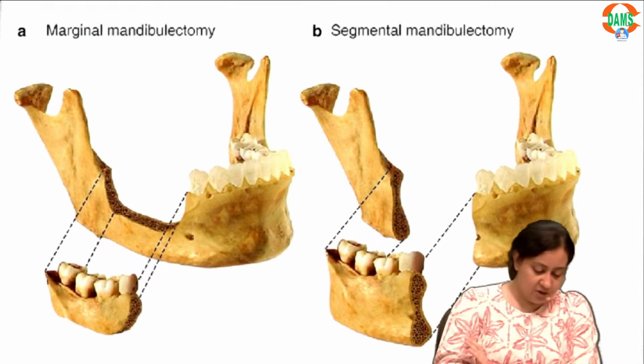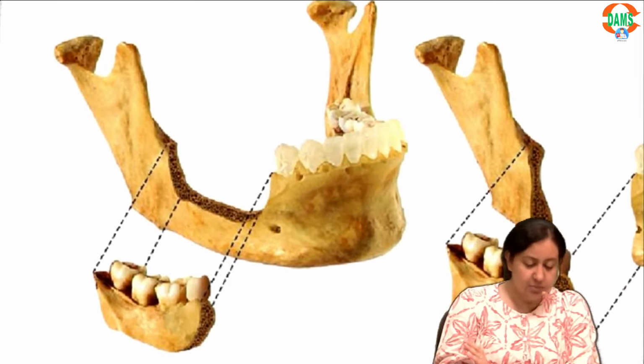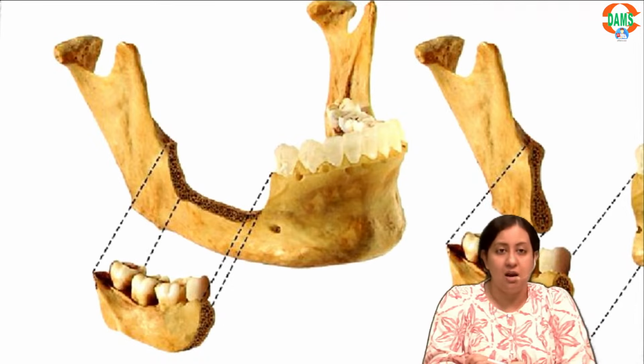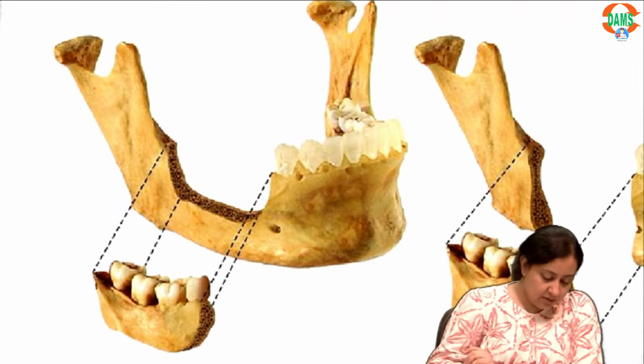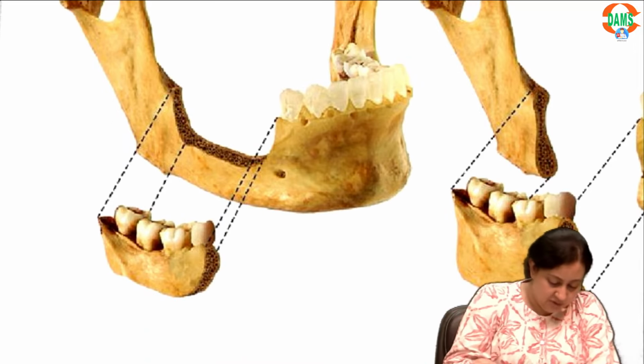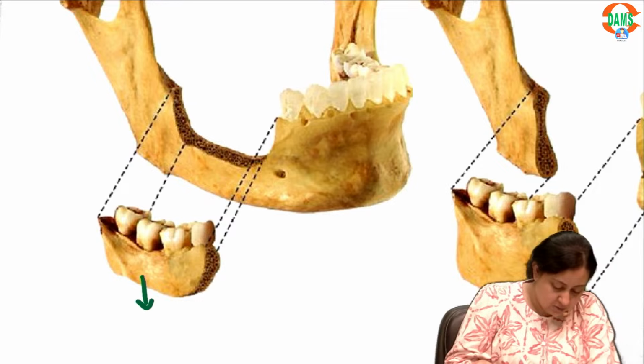Now the most important thing that I want you to see here is this is your marginal resection or en bloc resection. If you see here, a block of bone has been removed. This one is your block of bone.